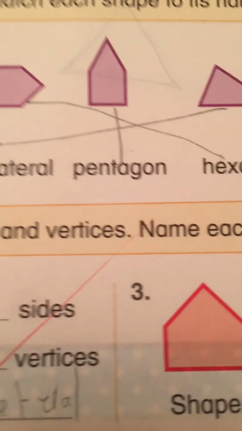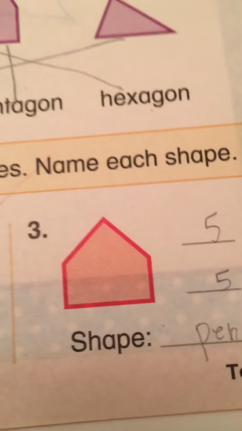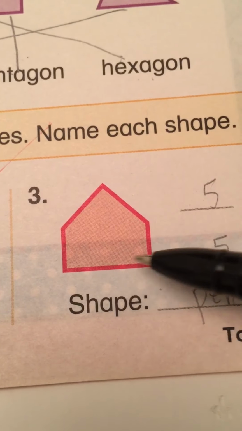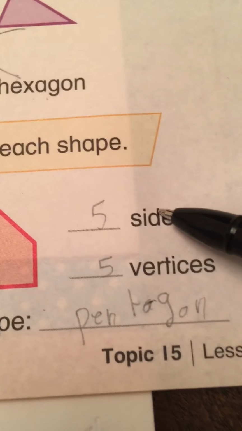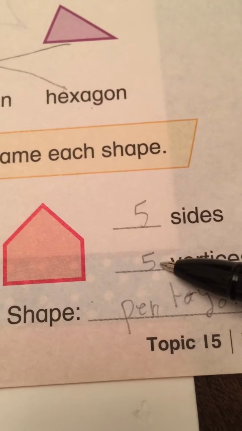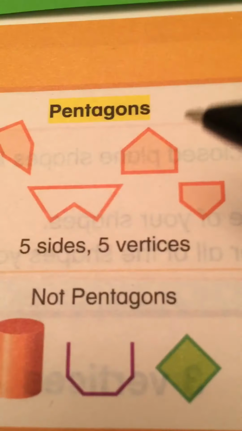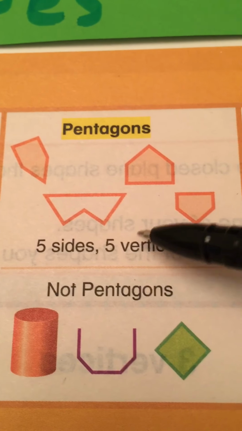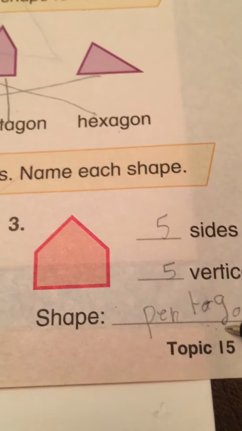So let's see here. This one has 1, 2, 3, 4, 5. So 5 sides and 5 vertices. Then we call this a pentagon. A pentagon has 5 sides and 5 vertices. Then we will write down here pentagon.